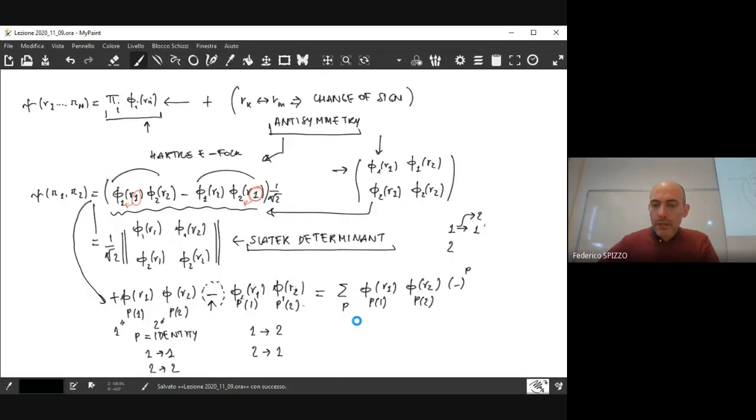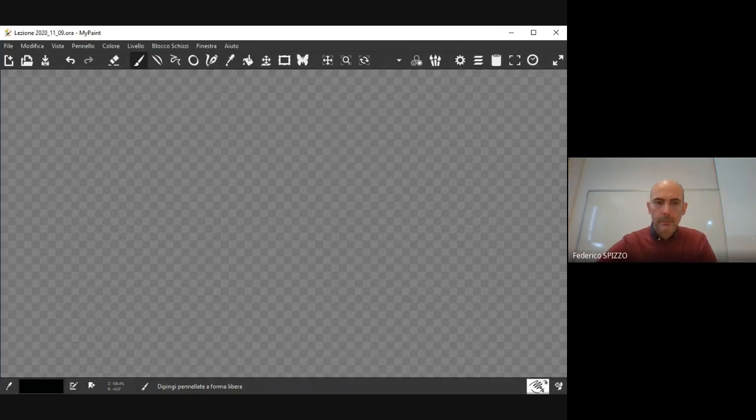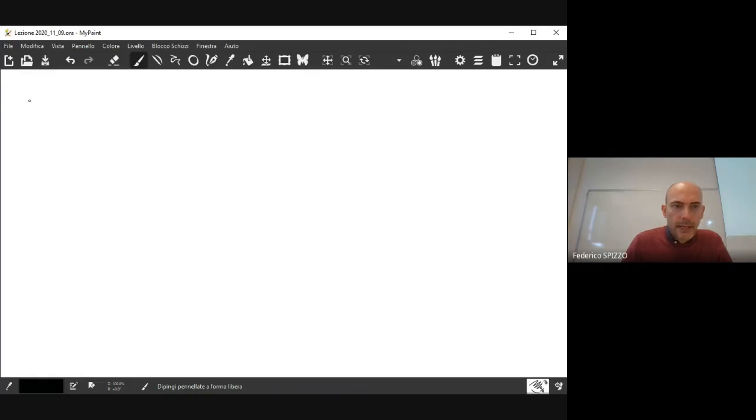So the solution, in case we consider the n-electron problem, is the following. For the n-electron problem, the wave function is equal to the sum over all possible permutations.